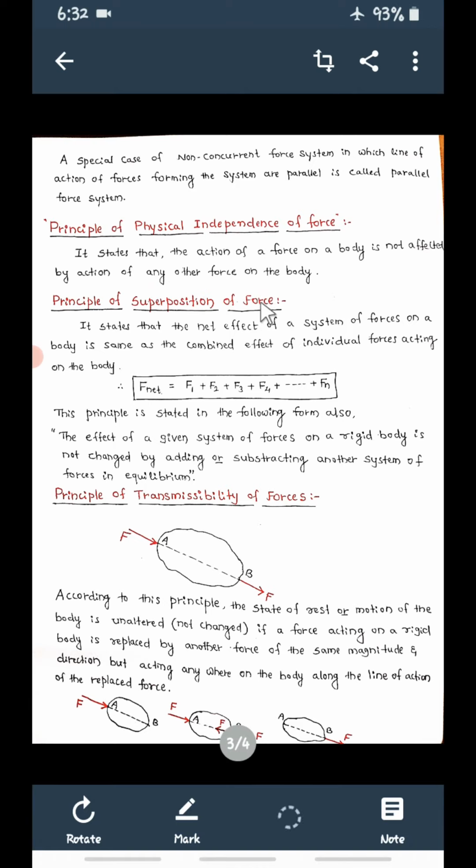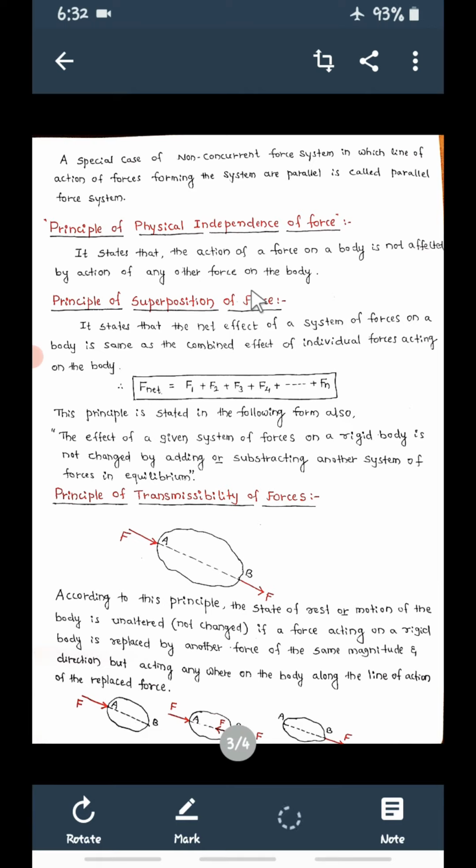Now see, if you consider a body which is subjected to a single force, one force is acting on a body. That force will have an effect on that particular body. So each force will have an effect on that particular body.